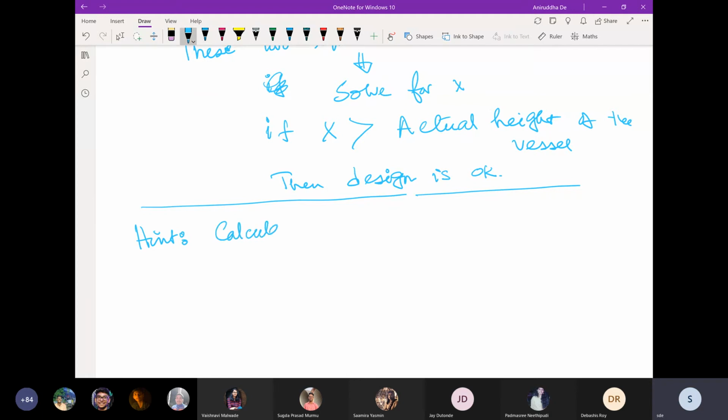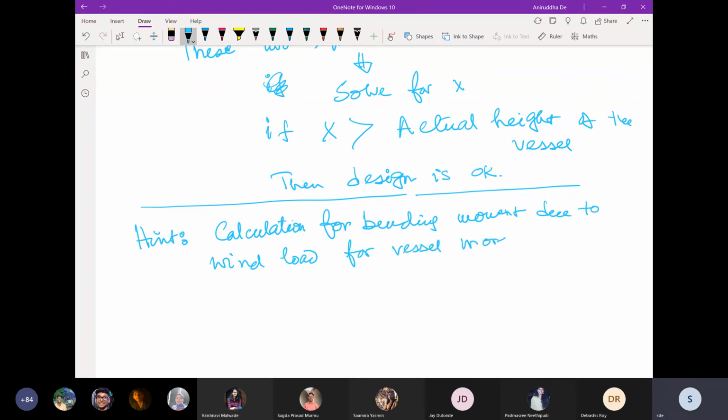Calculation procedure: bending moment due to wind load for a vessel more than 20 meter, a vessel having height more than 20 meter, say 25 meter.